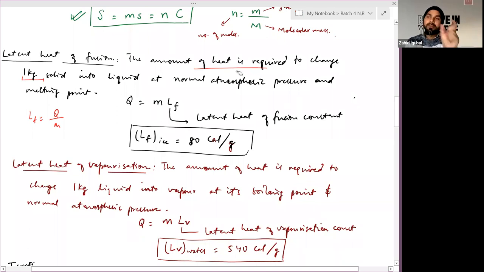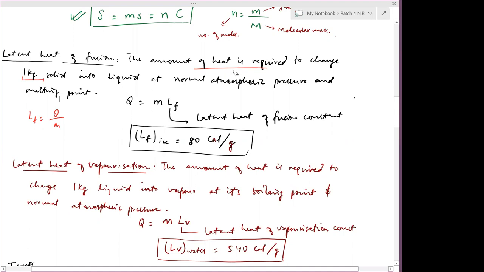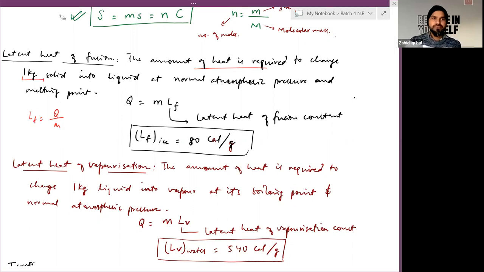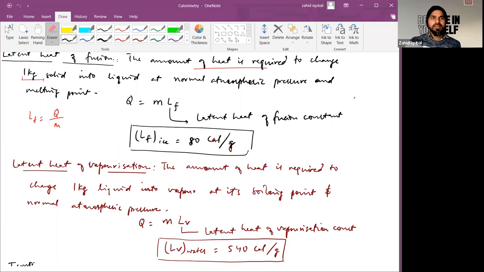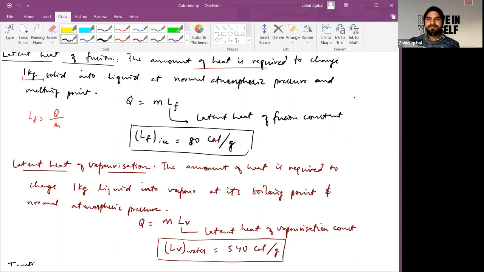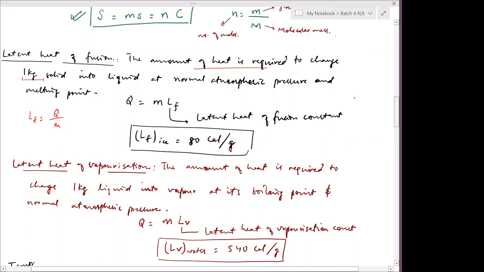So amount of heat per unit mass is Q divided by M. So if you move this M to the left side, you will get Q equals M times LF or M times LV, depending upon whether it is changing from solid to liquid or solid to gas. Any more doubt? No, sir. Got it.